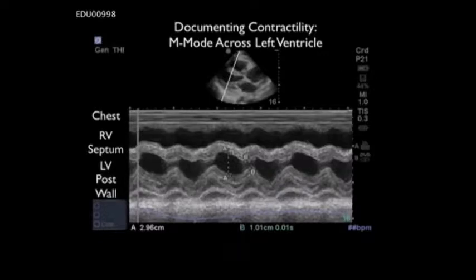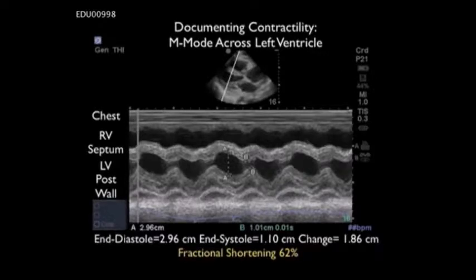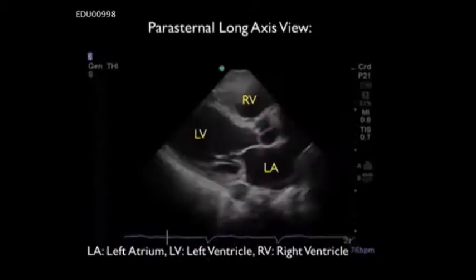So to calculate fractional shortening, what we take is the difference between end diastolic diameter and end systolic diameter over end diastolic diameter. And that gives us here a fractional shortening of 62%. Anything above 35 to 40% is considered normal. And in this case, we would gauge excellent contractility as judged by a calculation of fractional shortening.